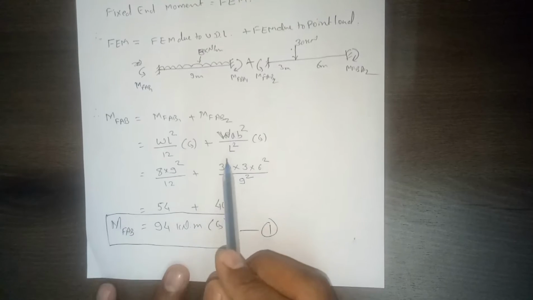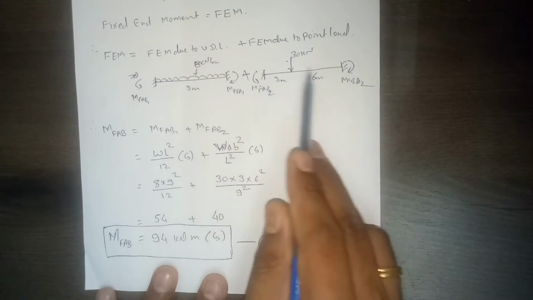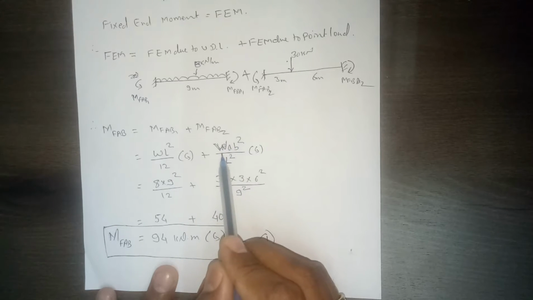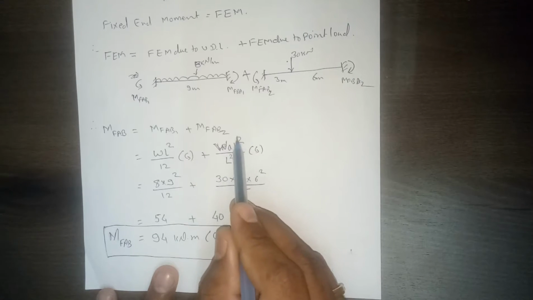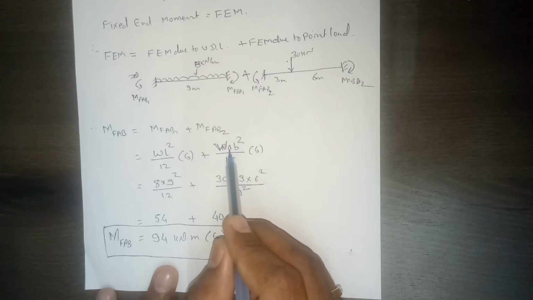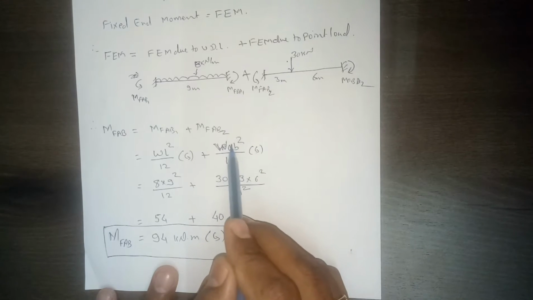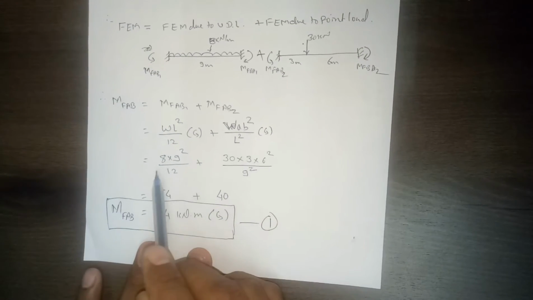The fixed end moment equation for point load at the left hand end is W A B square by L square. Here you need to remember that this is the square of the B portion, not A. For the right hand support, it is A square and then B. That's the only difference.